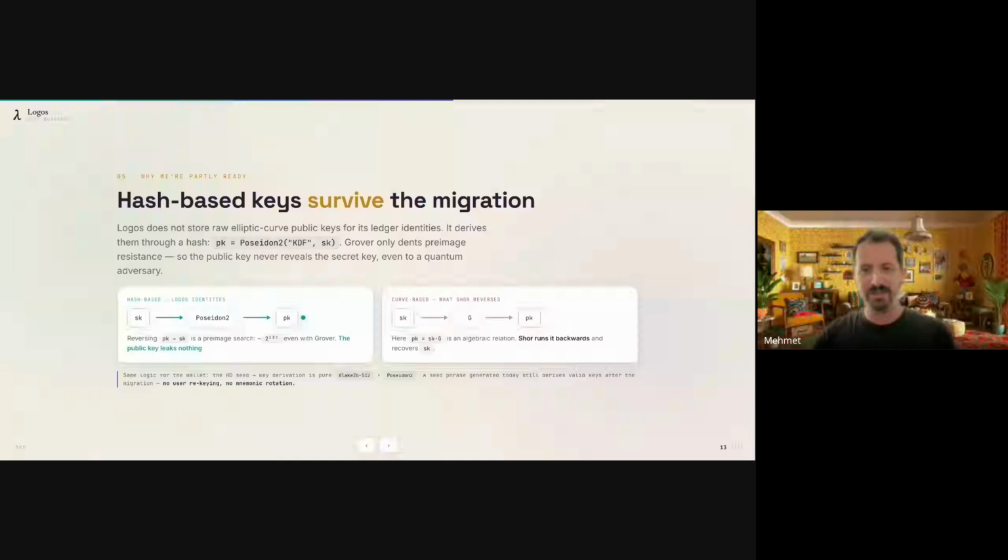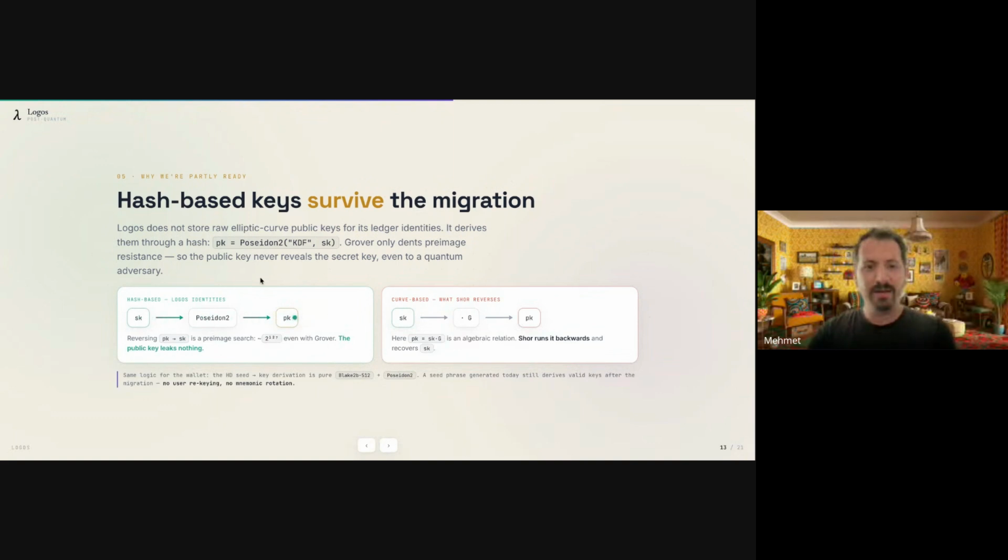But using Shor's algorithm, if you see the public key, you can easily find the secret key, because the problem behind that generation is based on the elliptic curve. But in our protocol, we just use a hash function to generate the public keys. After that, for signatures, we use the proof system to generate the signatures, and we call them ZK signatures, zero knowledge signatures.